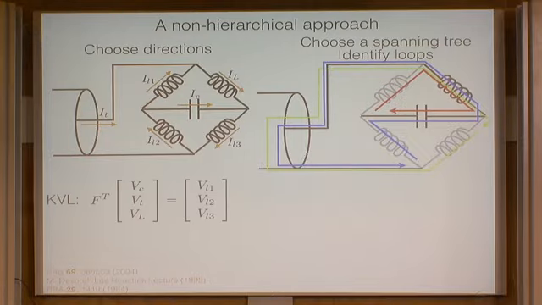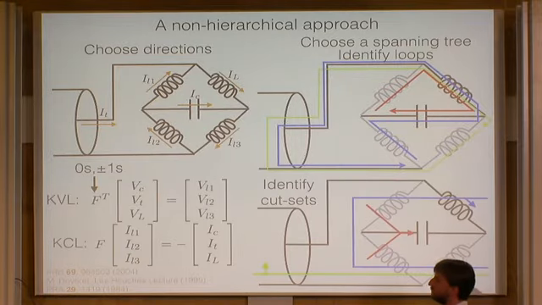And in each of these loops, Kirchhoff's voltage law would have to be satisfied. You can write that as a matrix equation where you have the tree voltages on one side and the non-tree voltages on the other side, and they're related through some matrix that I call F transpose, which is full of ones and zeros that encode the connectivity here. Now the magic is that once you have the voltage laws, you also have the current laws. And this is through the magic of graph theory, is my understanding.